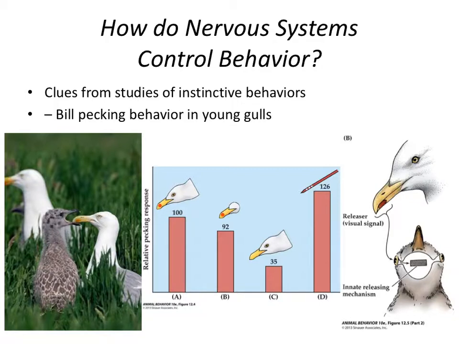There's an instinctual, innate action, behavior, that's, as long as it's stimulated with the correct releaser, then everything's going to be fine. Now, in this case, for the gull, this is the adult, they have a red spot. That's a visual signal. That's the innate releasing mechanism.